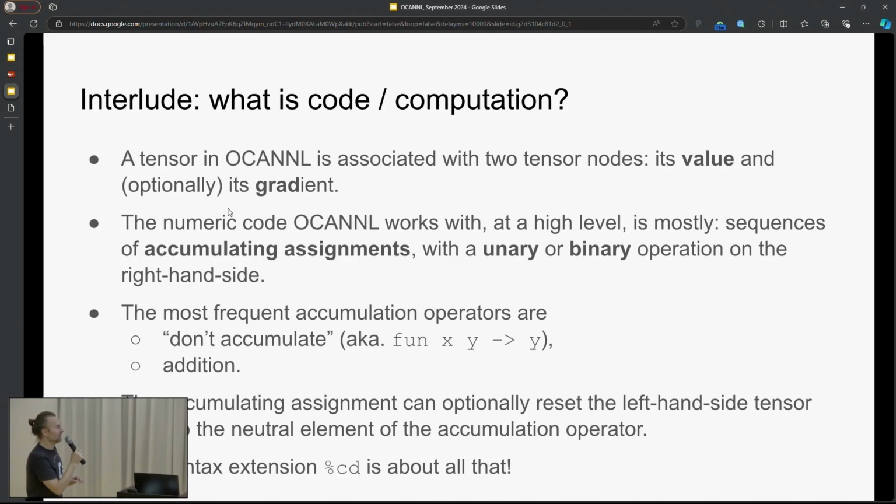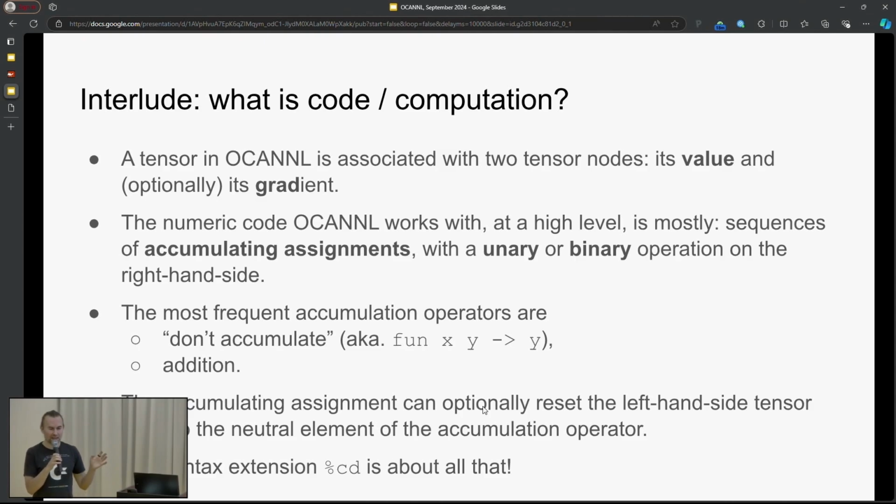So there will be some left-hand side to which we accumulate computations from the right-hand side, and those computations can be unary, depending on one tensor, or binary, like addition or multiplication. And the accumulation will often be addition, like when we want to add up gradients, or just proper assignments when we don't accumulate.